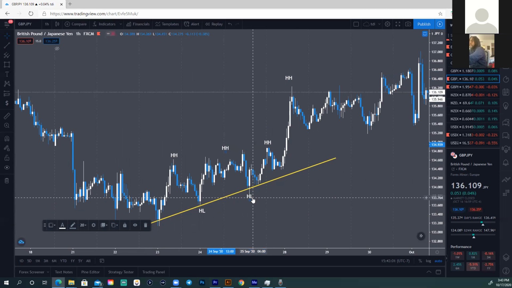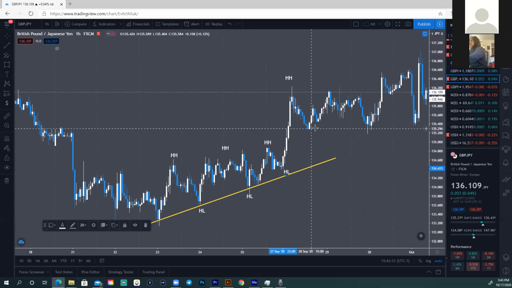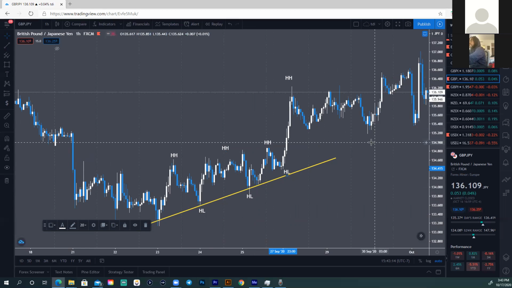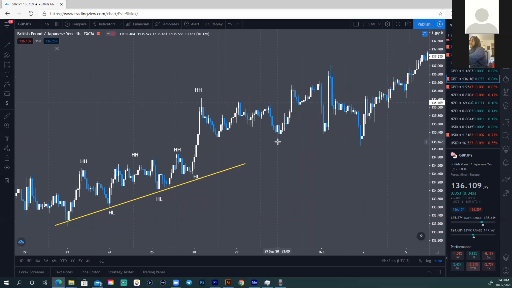Okay. This higher low is higher than the previous low. Then you have this higher low right here. All right. And then continue. Higher low. This is kind of consolidation. So the next higher low will be right here. Next higher high will be up here. Next higher low, higher high.